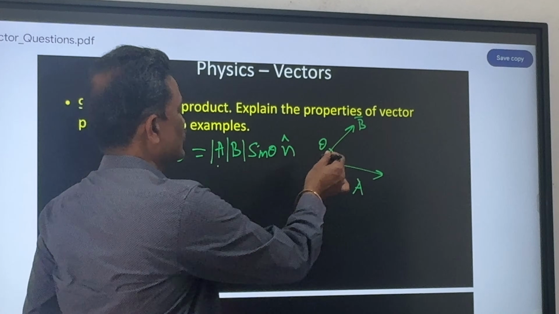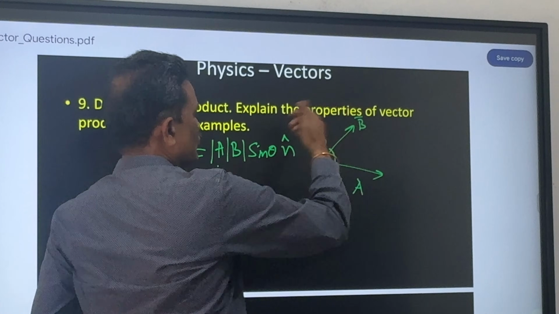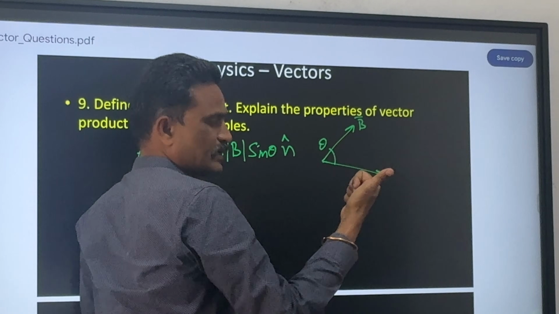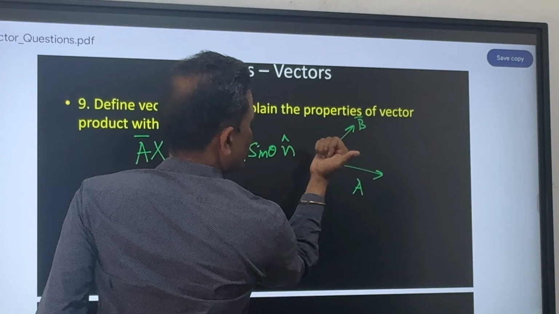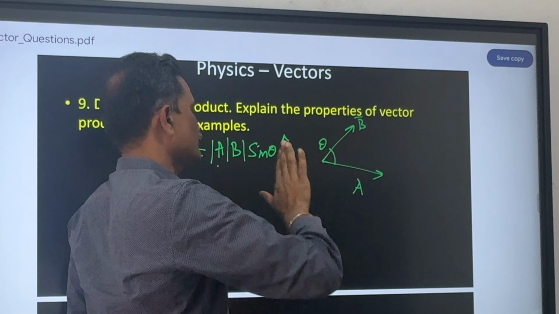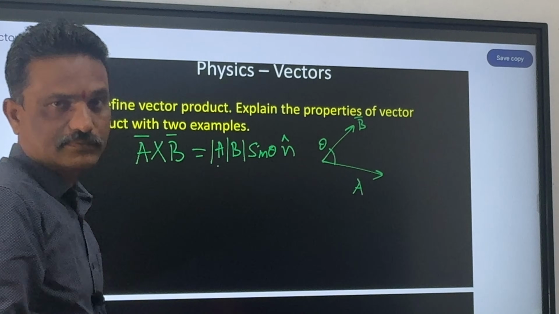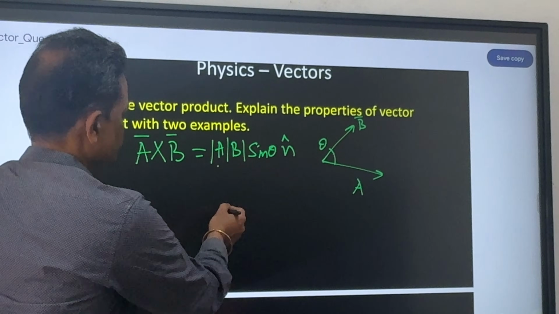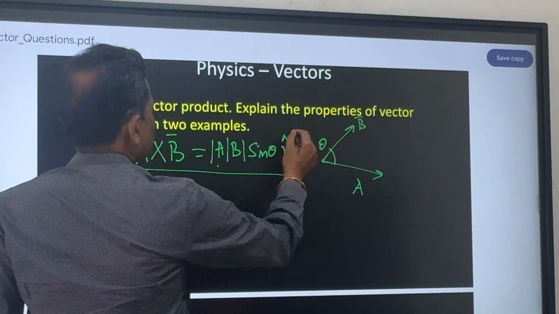The resultant vector is like this. If I go from A to B, that means right hand thumb rule, the resultant vector will be outwards. If I go from B to A, the resultant will be inside. So perpendicular to this plane. So this is the definition.